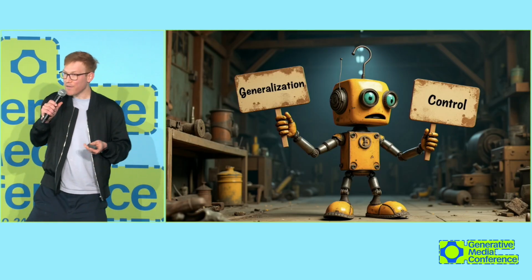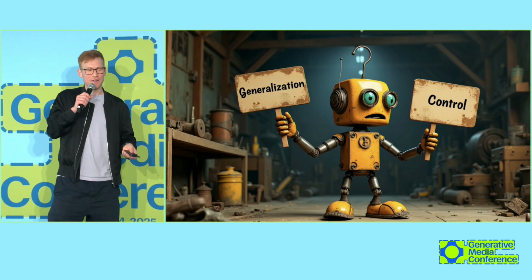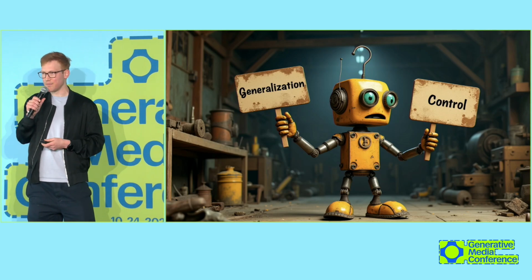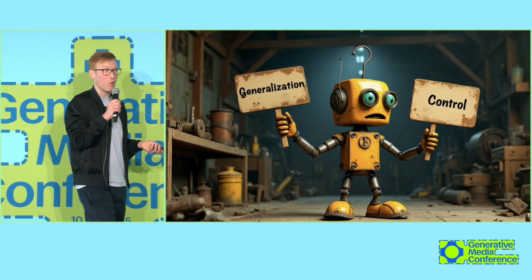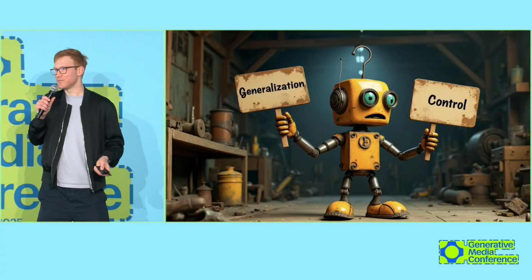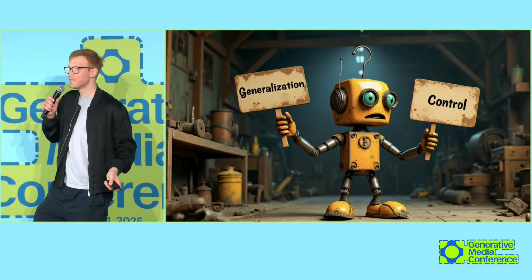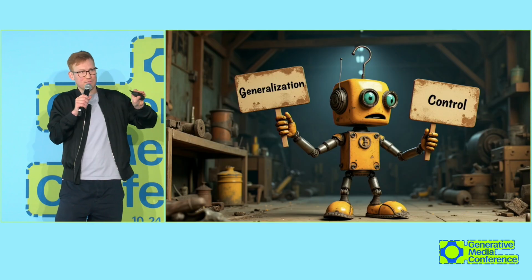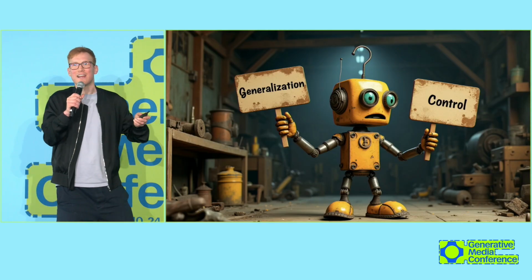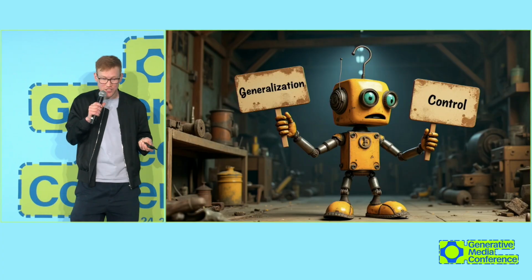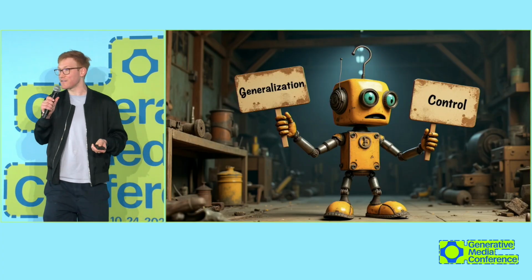So before this year, I think people always had to decide between two poles: generalization, which everyone wants, we want to have very general models, and control. What was mainly done before this year was people taking a pre-trained text-to-image model and then doing a fine-tune, which was tailoring the model to a specific task, but at the same time they lost generalization abilities, and that's obviously not a great thing.